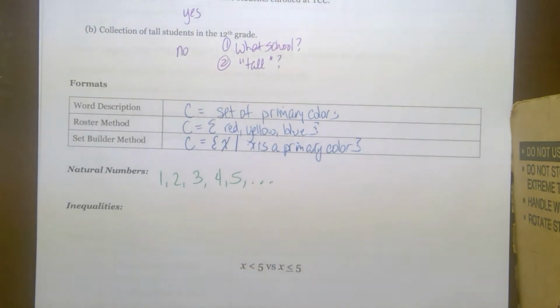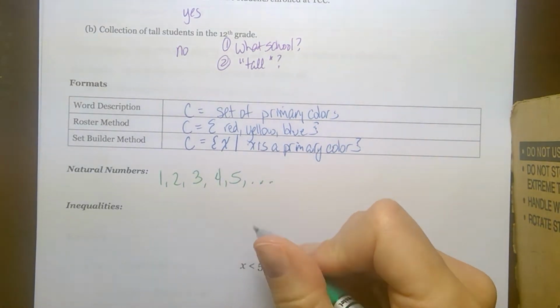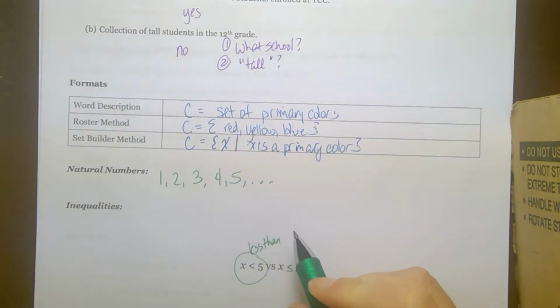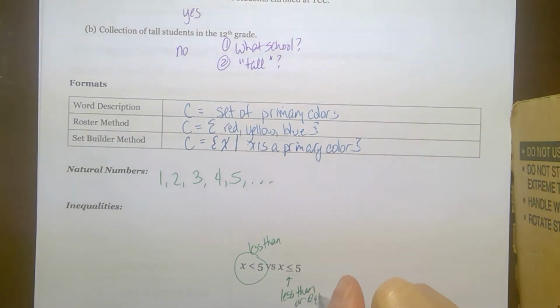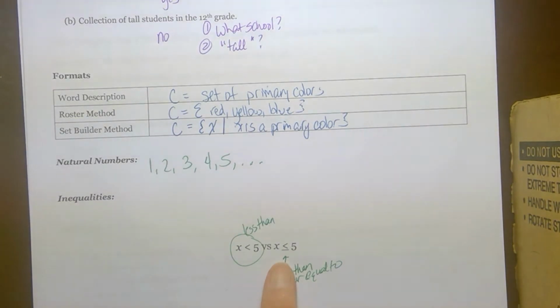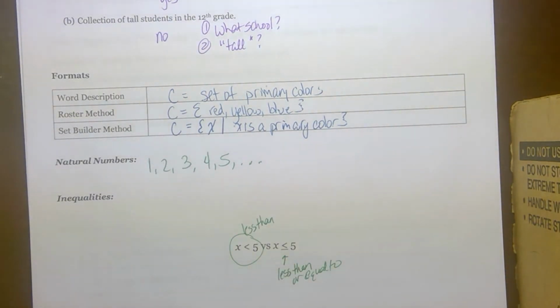Okay, so this inequality means less than, and this one is less than or equal to. Now, you know it's or equal to because it has part of an equal sign underneath it. It has that second line of the equal sign under, so it means or equal to.